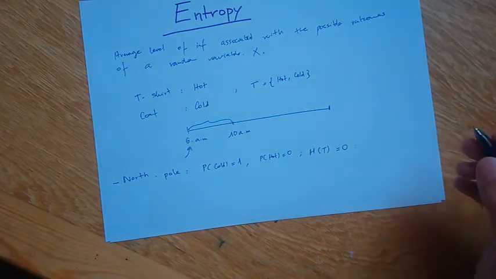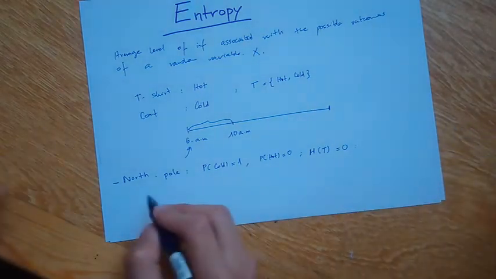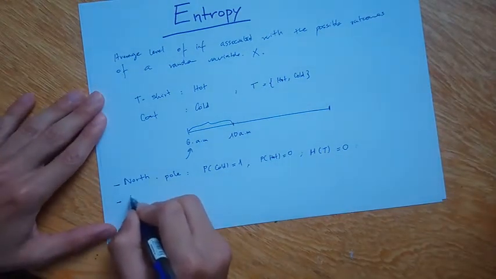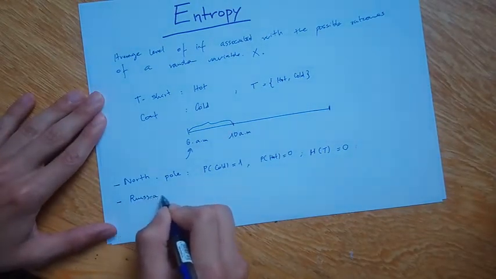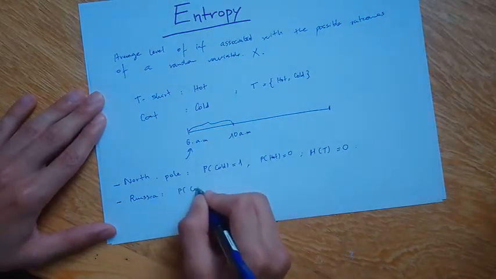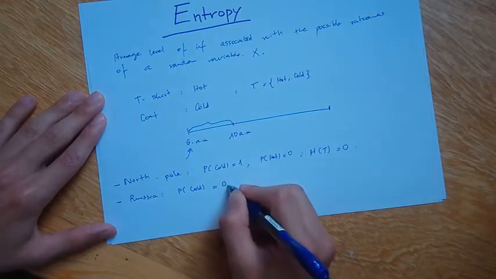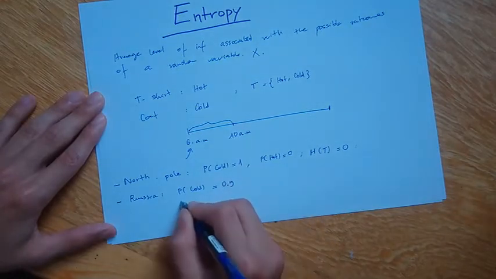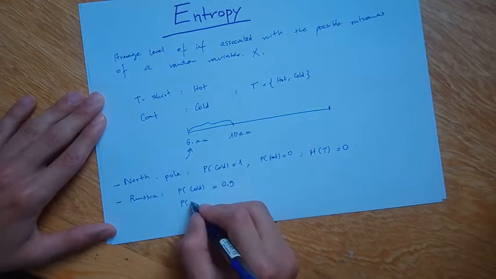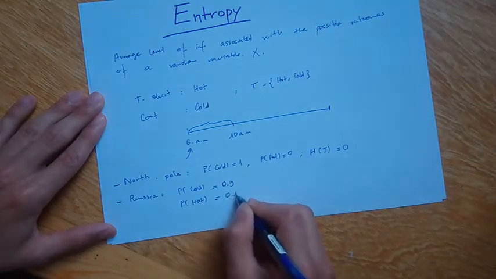But now, let's say that I'm in another country, for example, Russia. And in Russia, most of the time it's cold, so the probability for the temperature to be cold is equal to, say, 0.9, and the probability for the temperature to be hot based on that is just 0.1, right?